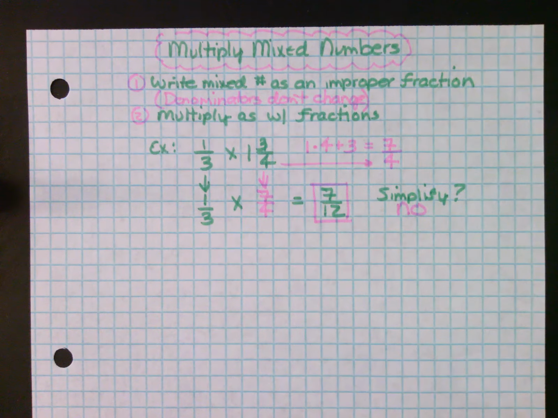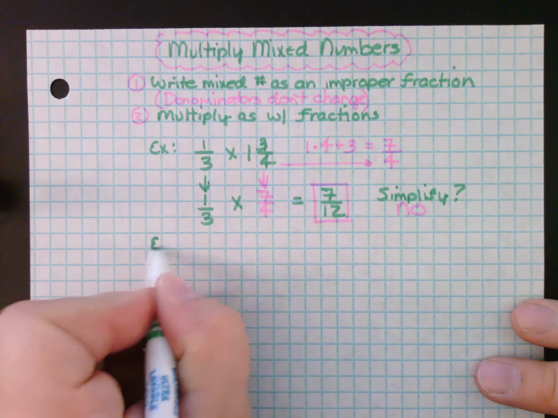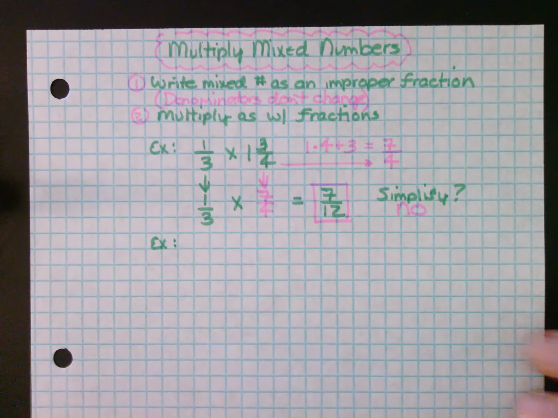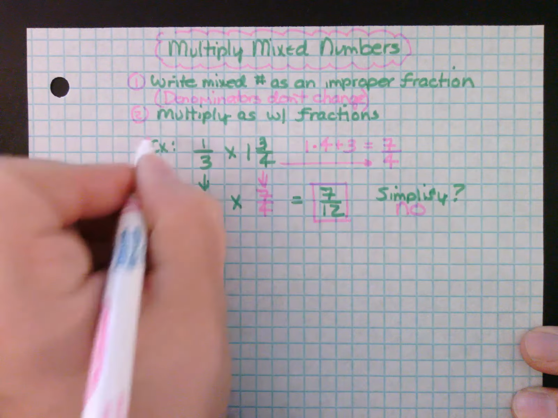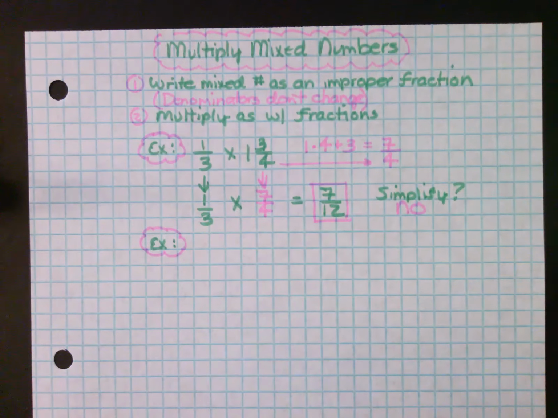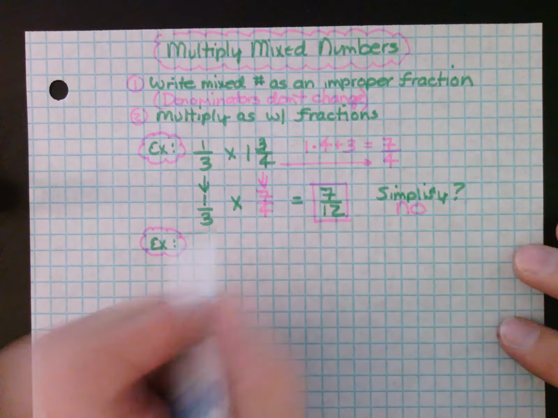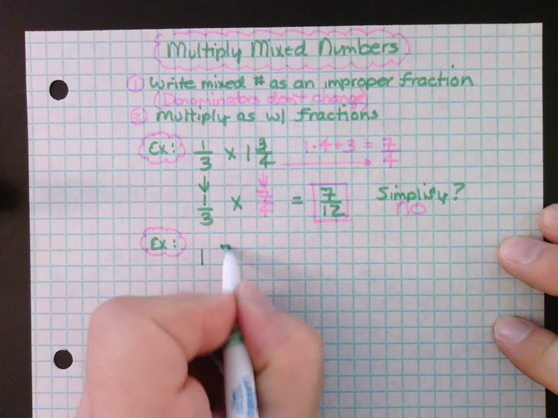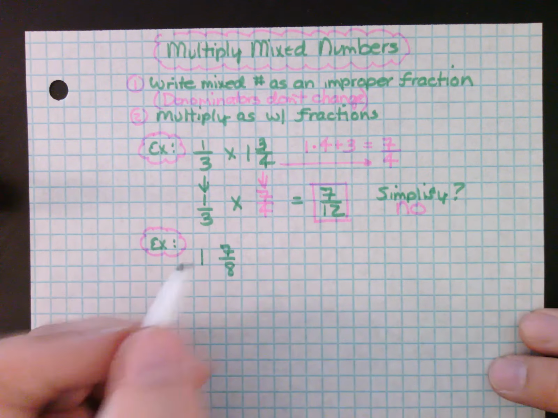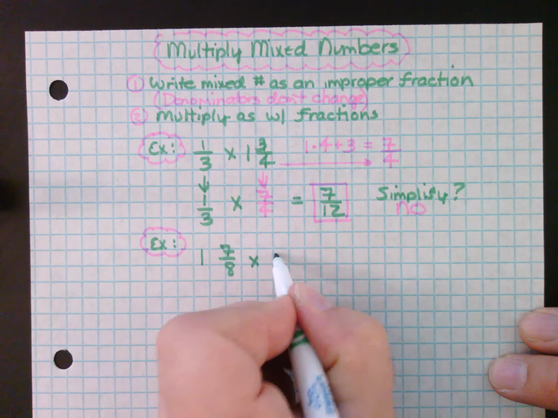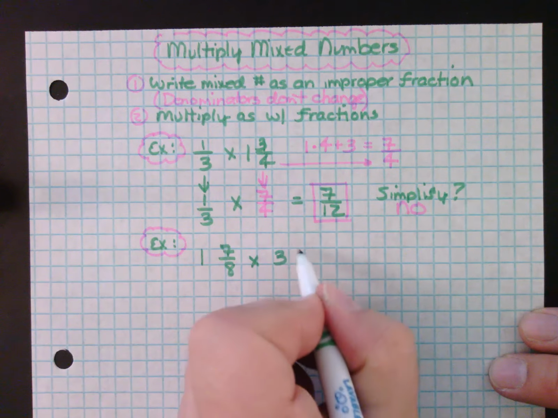The same rules apply for multiplying mixed numbers with mixed numbers. So let's just do an example of that one. What if I have 1 7/8 times 3 1/3?